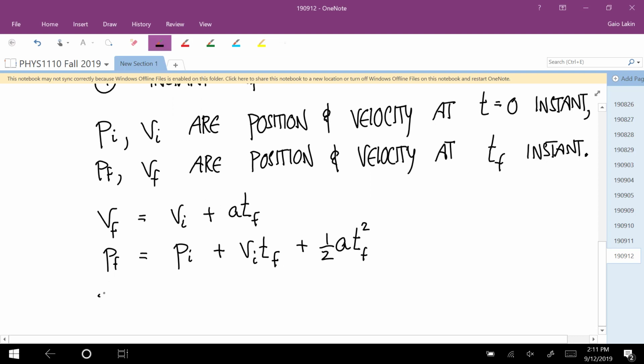And the last equation says 2a times the quantity p final minus p initial is equal to v final squared minus v initial squared.